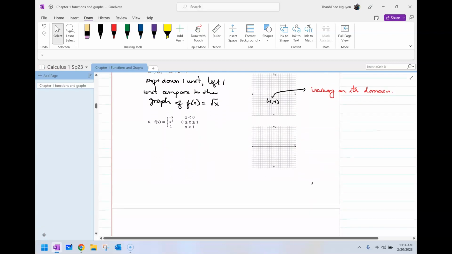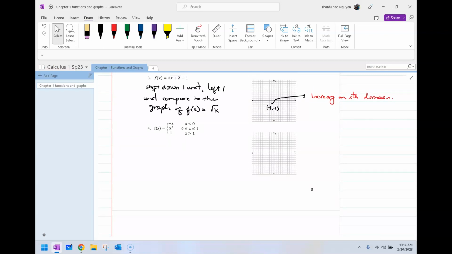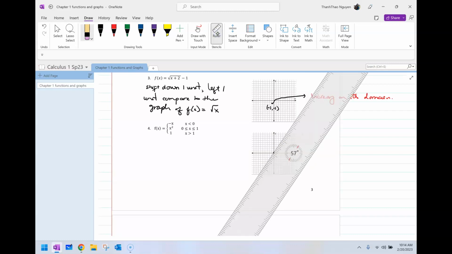Next, we have a piecewise function. When x is less than 0, we have the line that is negative x. So at the origin (0, 0), we have an open dot, and this line goes in this direction.